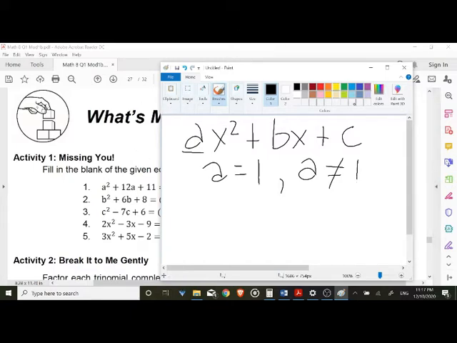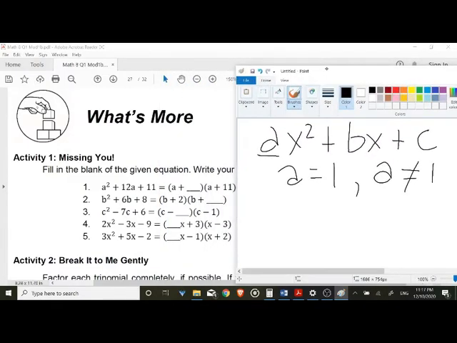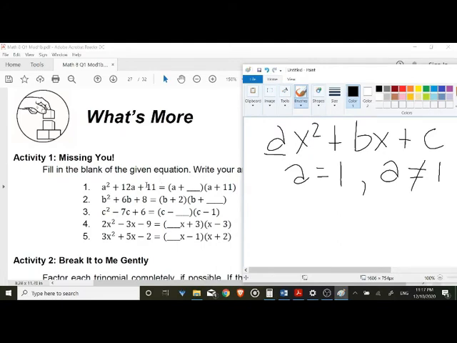So, kung titingnan po natin dito, class, sa ating example, sa ating Activity 1, under ng What's More. So, meron po tayong given trinomials. So, it is of the form ax squared plus bx plus c.